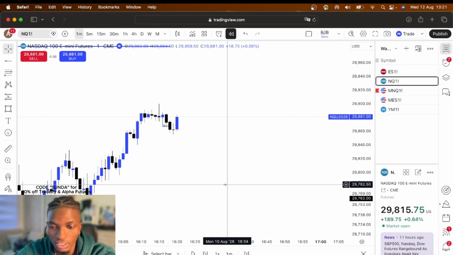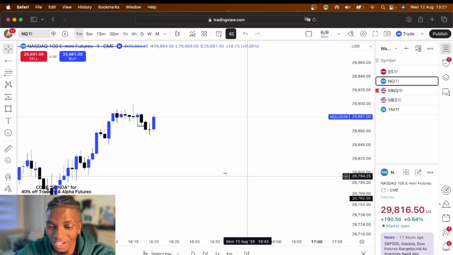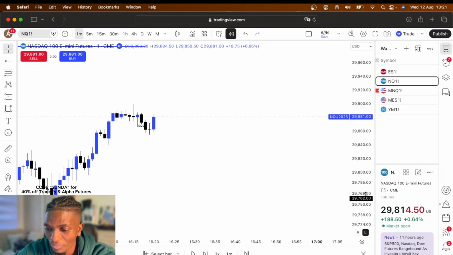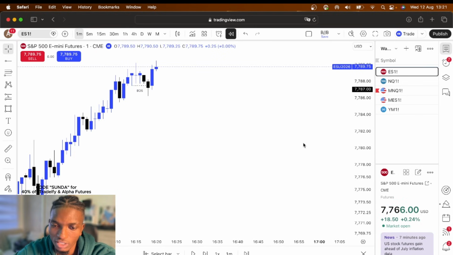And what do we have there? It marked it out for us. Break of structure down. Do we have the same on ES? If not, we're gonna have to wait for ES.